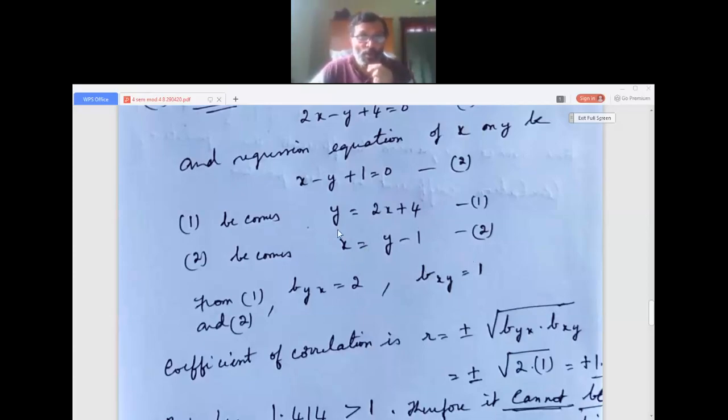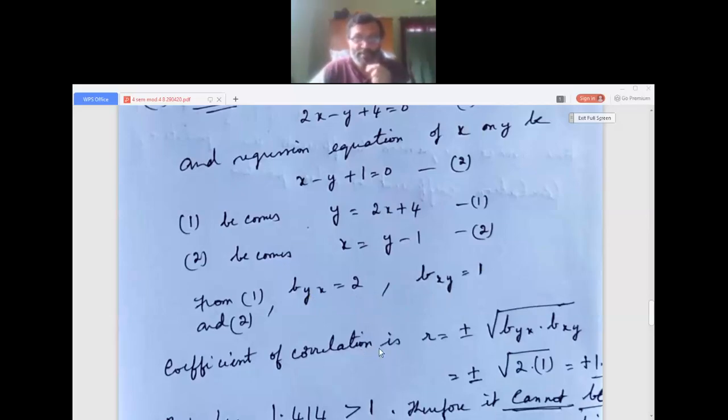Now, from equation 1, the regression equation of y on x, byx equals 2. From equation 2, the coefficient of y gives bxy equal to 1. So the regression coefficient of y on x is 2 and of x on y is 1.